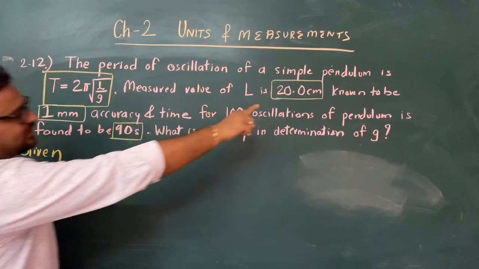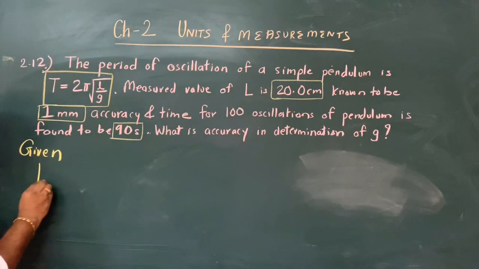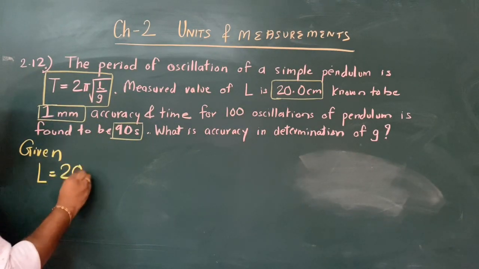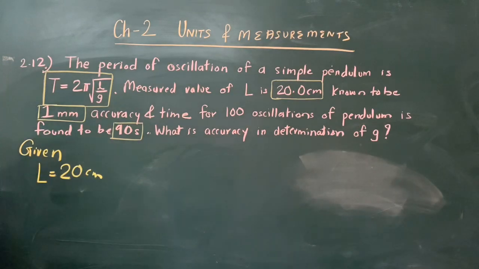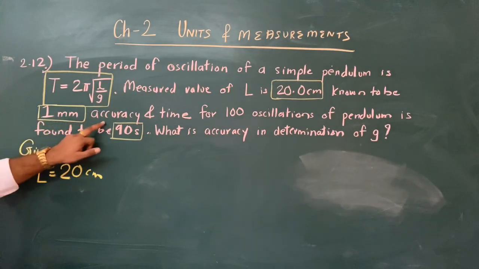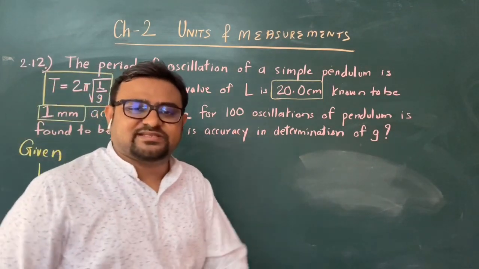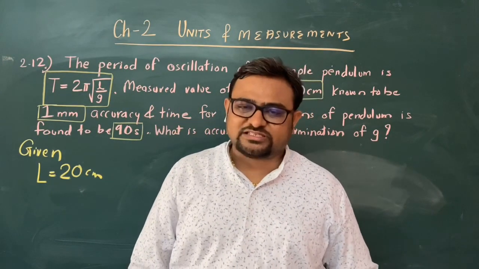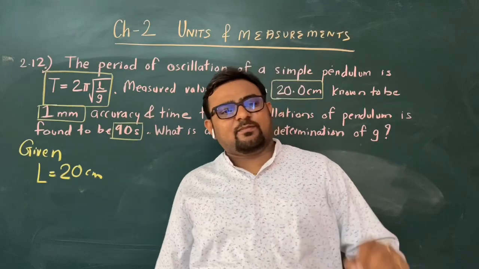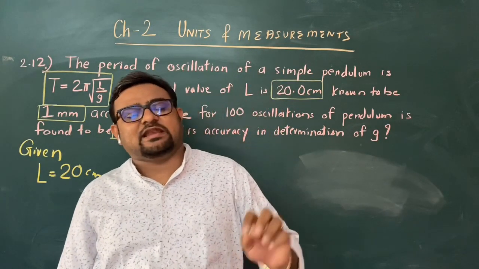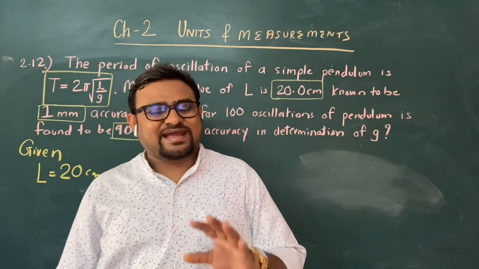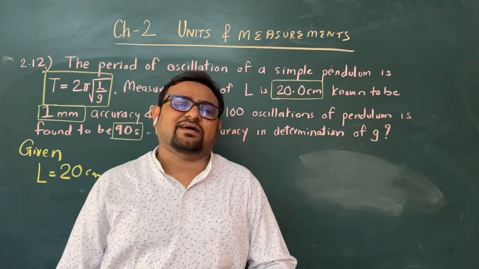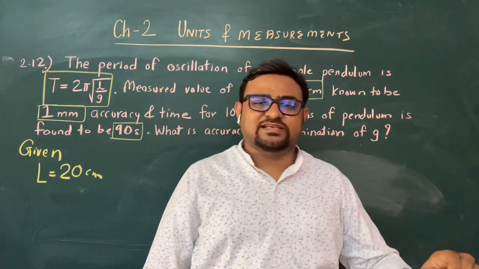What is given? The length is 20 centimeter, with 1 mm accuracy. 1 mm accuracy means it is the least count. Least count means the minimum measurement that an instrument can measure. So the maximum possible error will be equal to the least count.